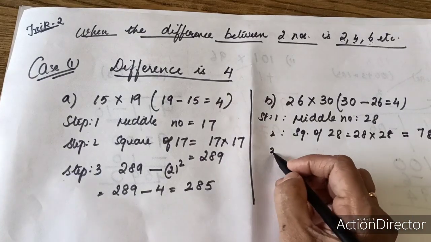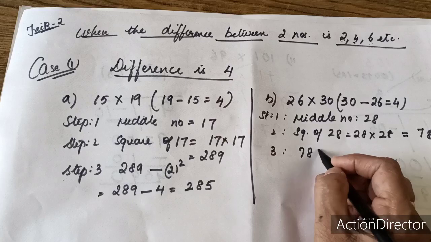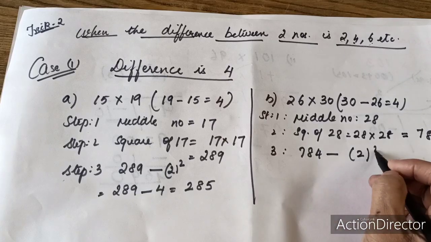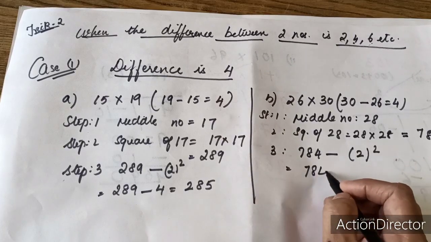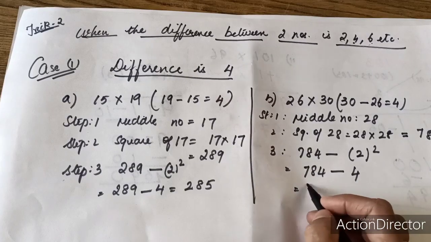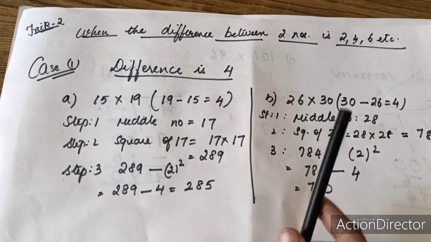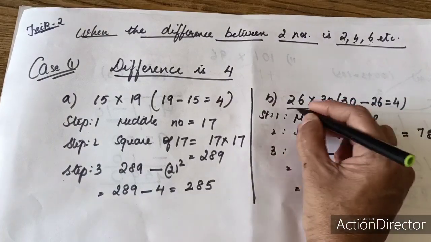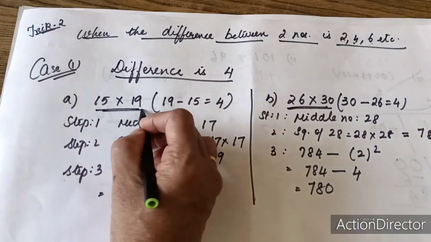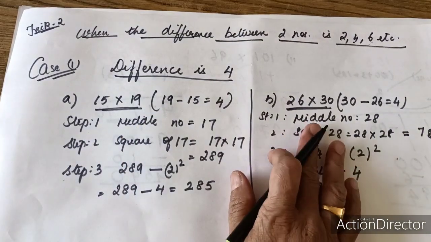And step 3 will be 784 minus 2 square, which is equal to 784 minus 4 will be equal to 780. So you can also check by traditional method of multiplying whether you are getting the answer correctly.